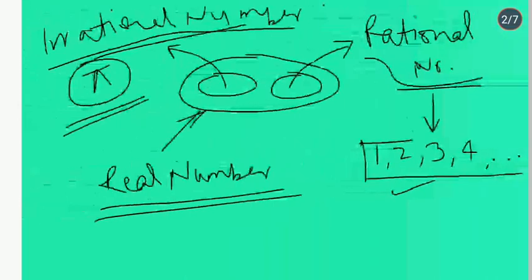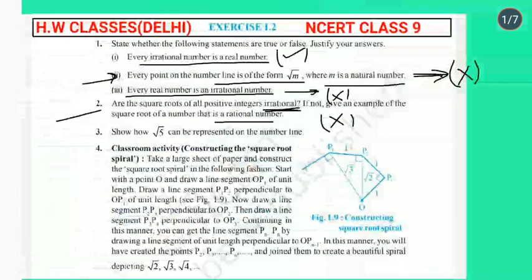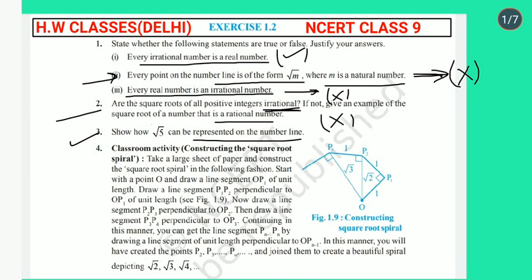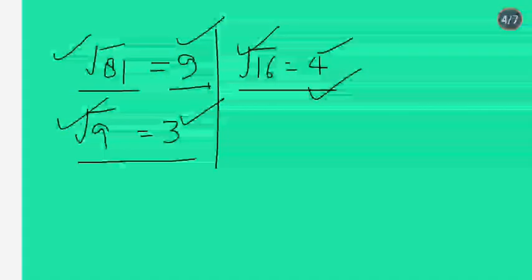Now moving on to the next question, question number 3, which says, how can root 5 be represented on the number line? Now we will represent root 5 on the number line. First we will draw a number line like this.